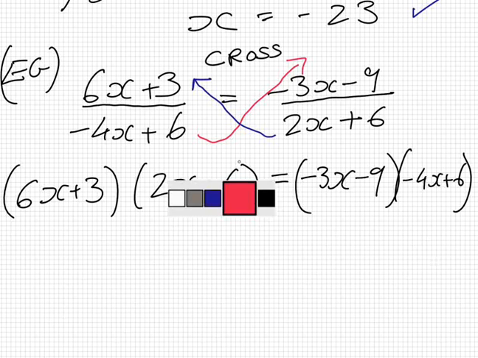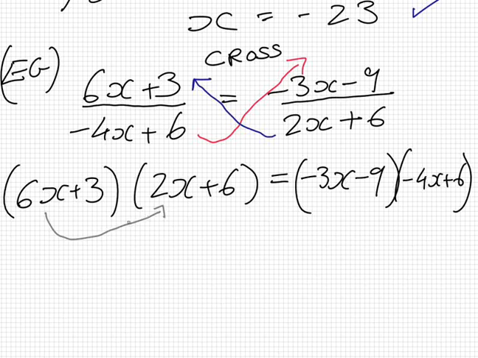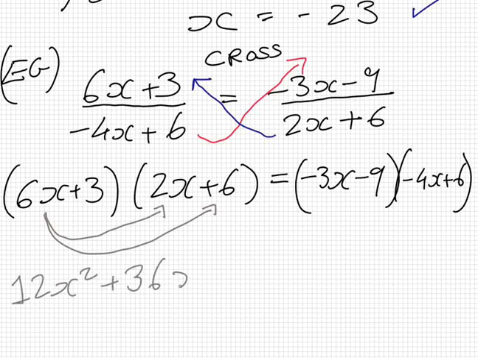Okay, now to multiply this, there's actually 4 pieces here. So we do 6x multiply 2x, and then 6x multiply 6. So that's 6x multiplied 2x. That's 12, yeah. 12x squared. And then 6x multiplied 6 is 36x.